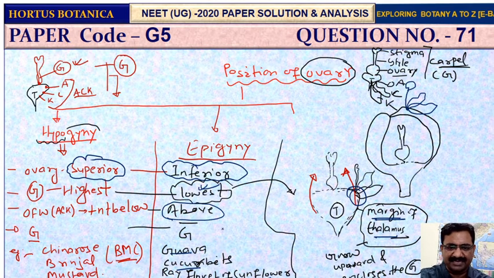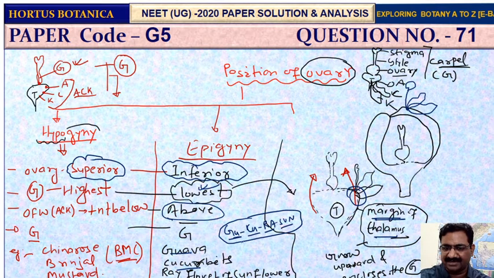I used to tell my students to remember Gu, Ku, Ra, Shan. Too easy? It's very easy to remember. Gu, Ku, Ra, Shan, Gukurasan, a mnemonic. Guava, cucumber, ray floret of sunflower.